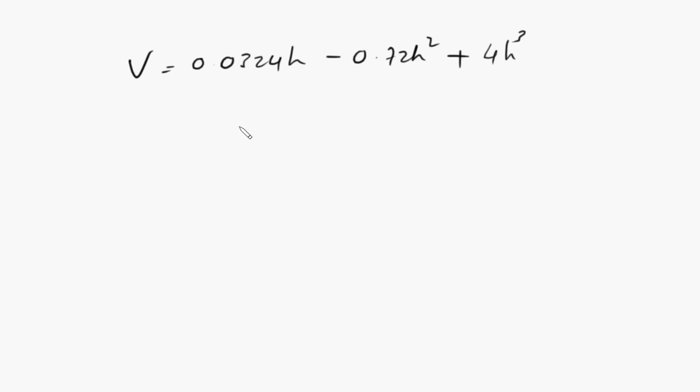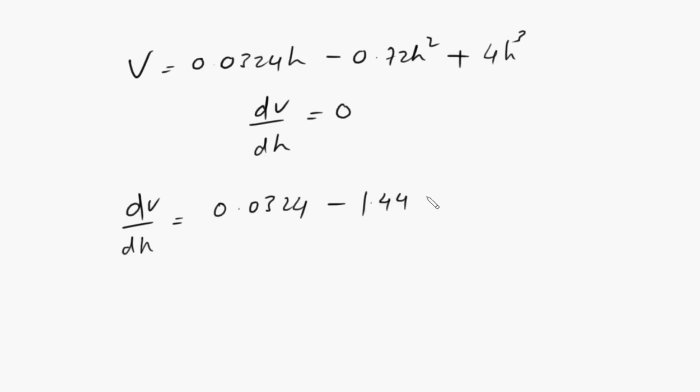I want the maximum volume, so I differentiate with respect to h and set it to 0. The h I get here will give me a maximum value. Refer to the video on maximum and minimum values. When I differentiate with respect to h, I get 0.0324, minus 2 times 0.72, which is 1.44h, plus 3 times 4, which is 12h squared. This is the derivative of polynomials, which we have done a lot.